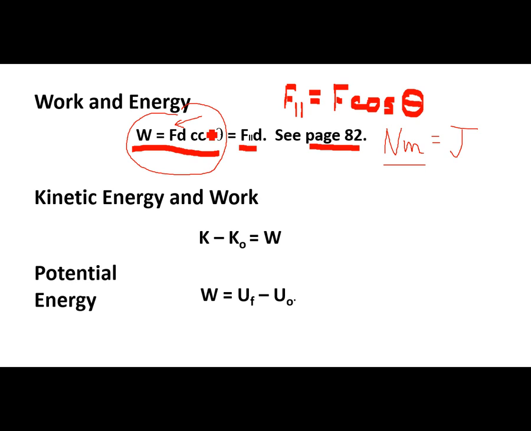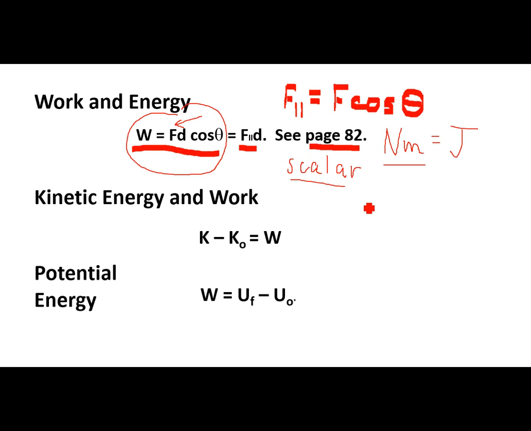Okay? So the nice thing about work and energy is that these are no longer vector quantities. Fd cosine theta is a scalar. And so are the concepts of kinetic energy and potential energy that we used in lab last week and in this week in the online lab.